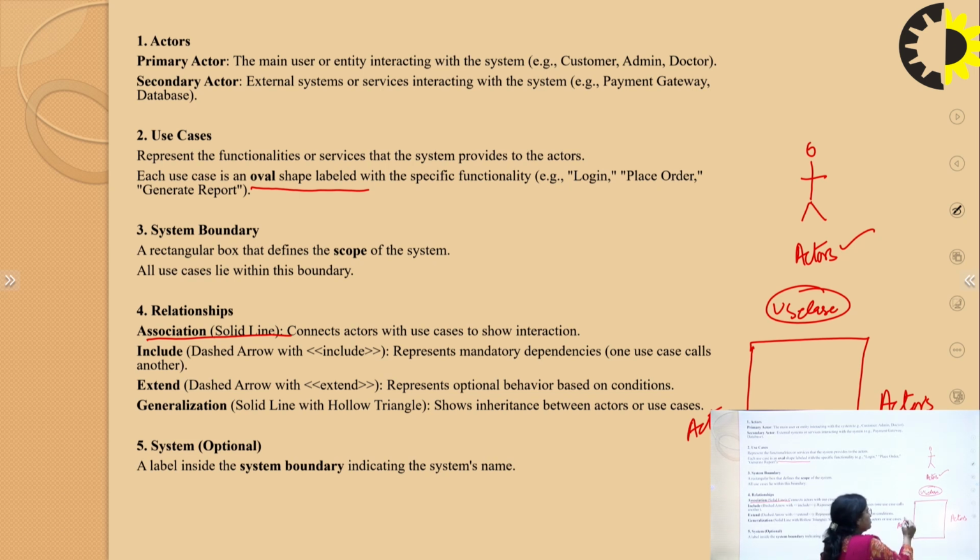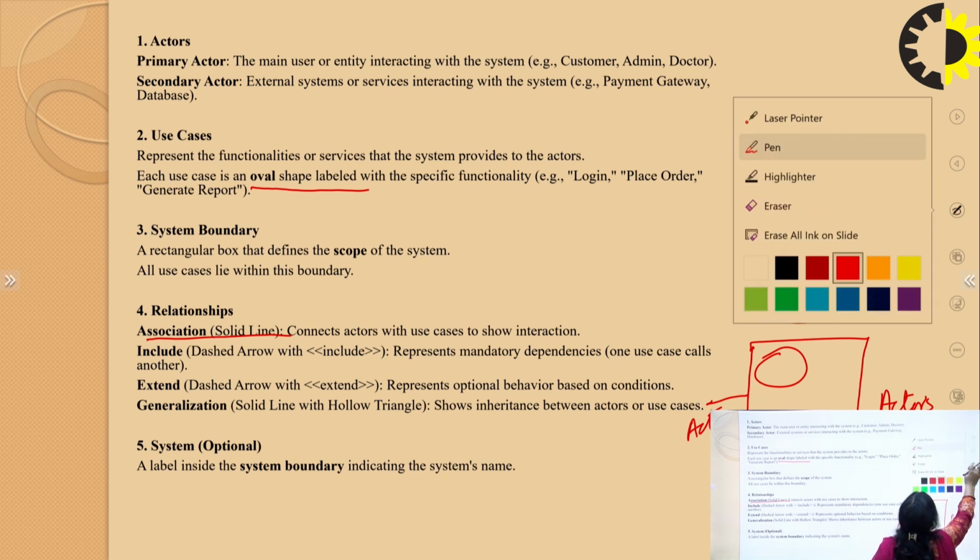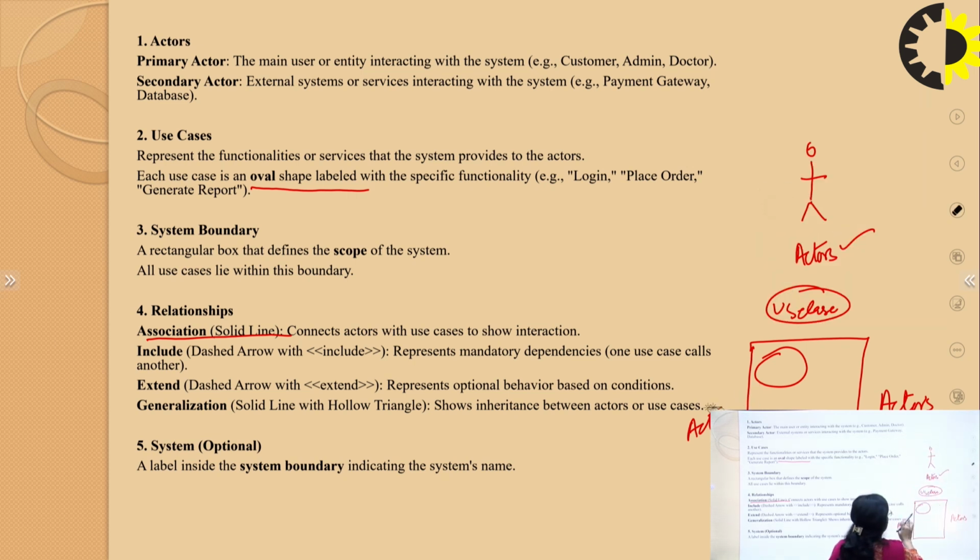We use the solid line like this, and here it is a use case. So this point is known as association.